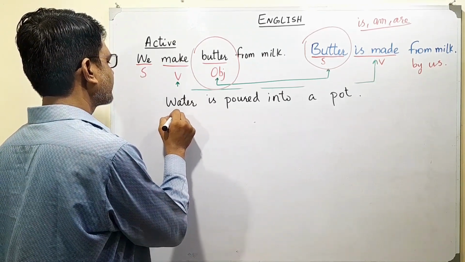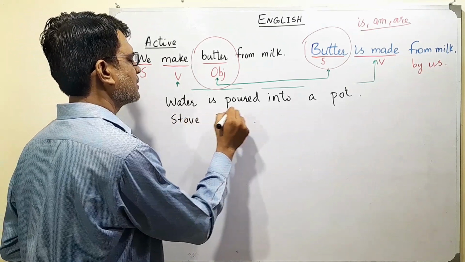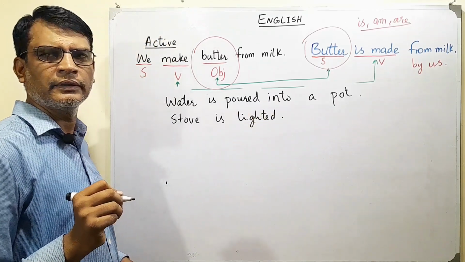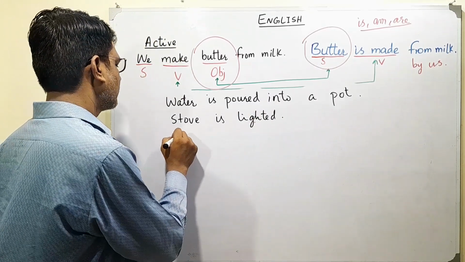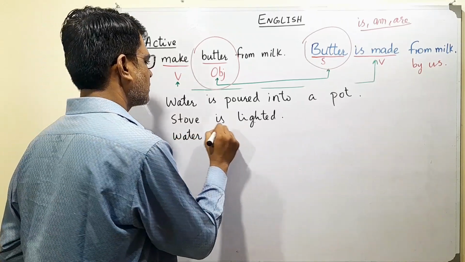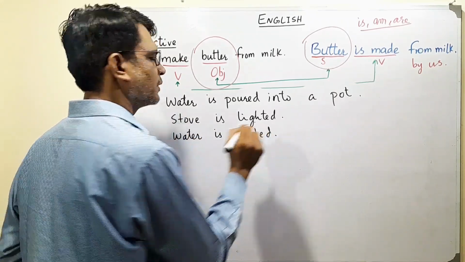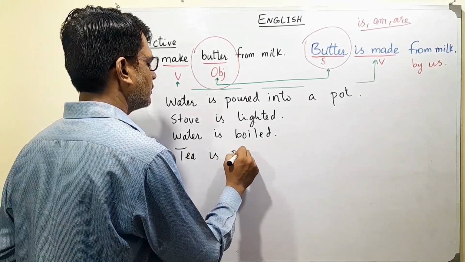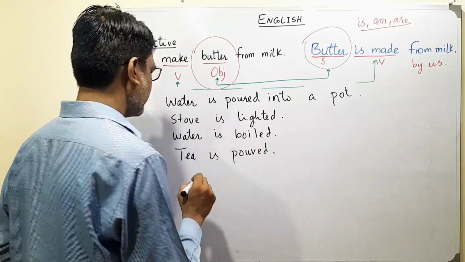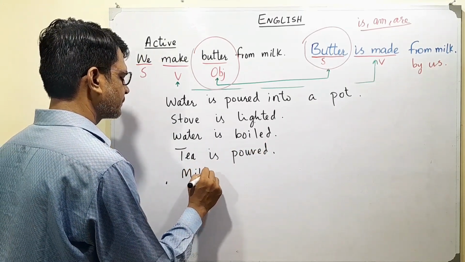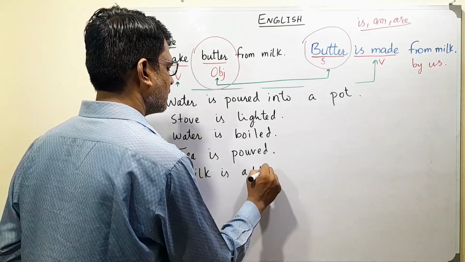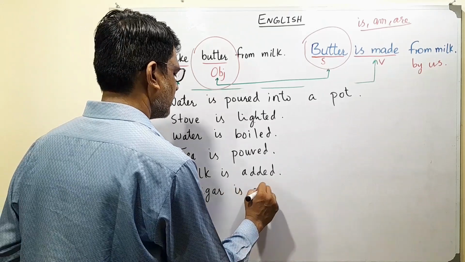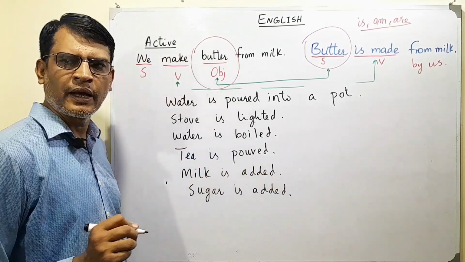Then you say that the stove is lighted. Okay, then water is boiled. Okay, tea is poured. Then you say that milk is added, sugar is added.